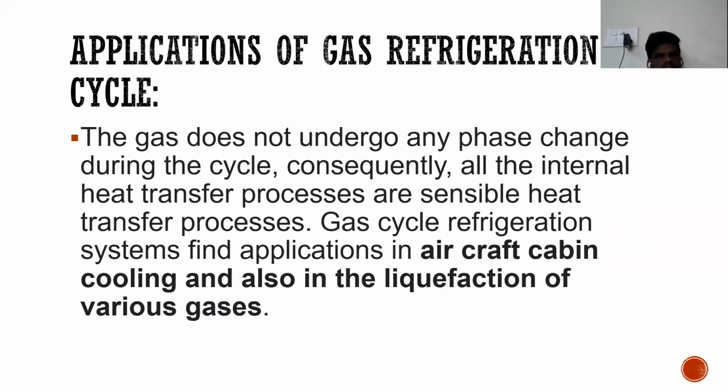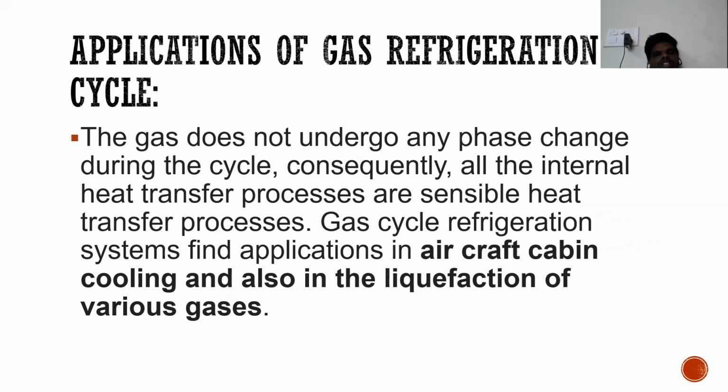Coming to the applications of a refrigeration cycle, there are many wide applications of the gas refrigeration cycle. In some applications, the gas does not undergo any phase change during the cycle. Consequently, all the internal heat transfer processes are sensible heat transfer processes, meaning no phase change occurs.